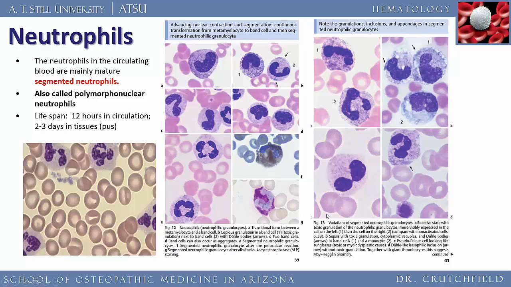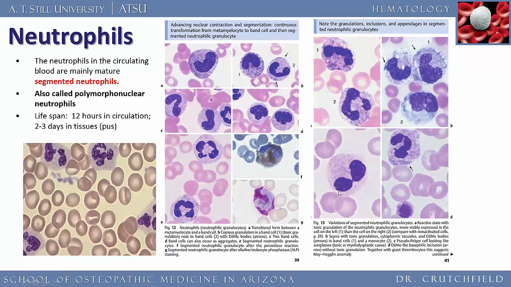So in this image, what we're looking for here are the band cells, which are these guys here, where the nucleus hasn't yet turned into the multilobular segmented neutrophil. This is why they're called segmented neutrophils.